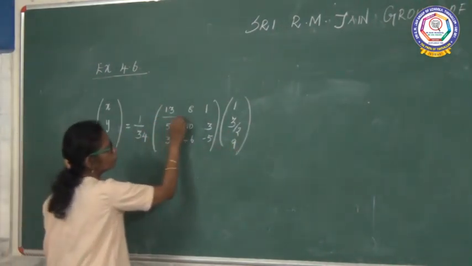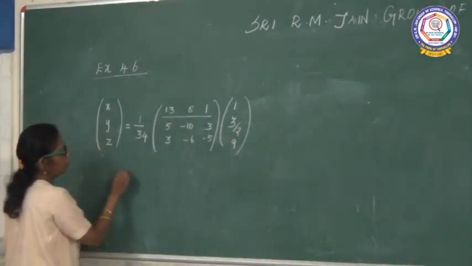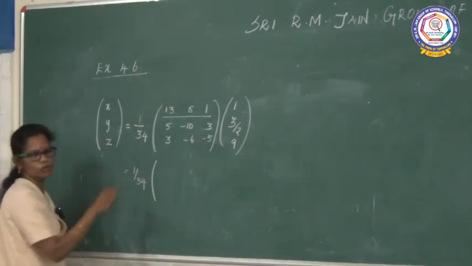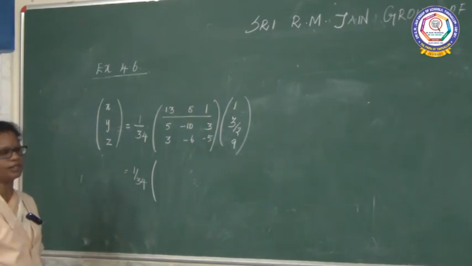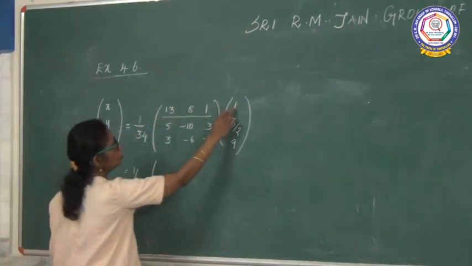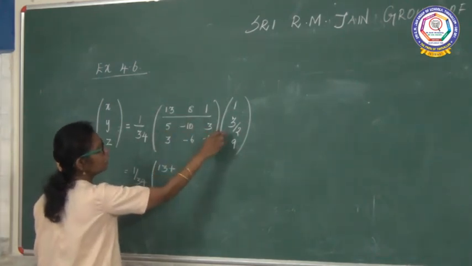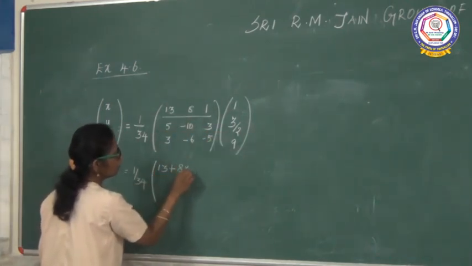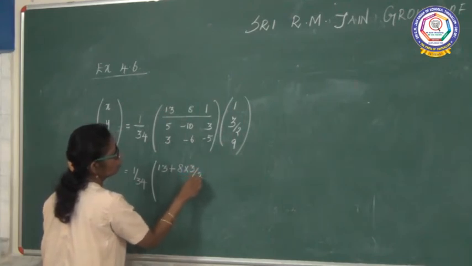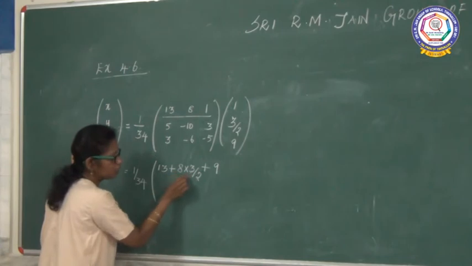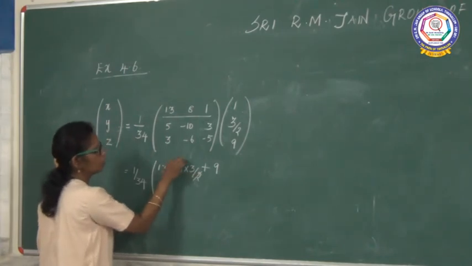See here the first row, first column. 1 by 34, let it be as such; finally, use 34 and divide the result. 13 into 1, 13 plus 8 into 3 by 2, plus 9. Here the cancellation is possible, so you cancel.